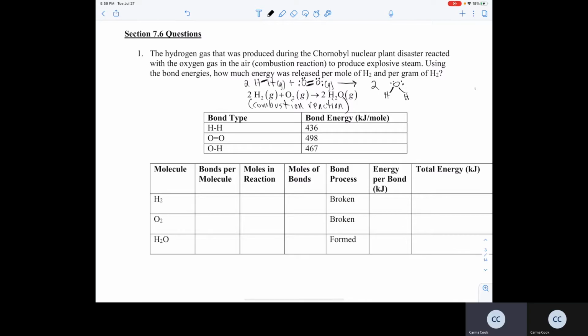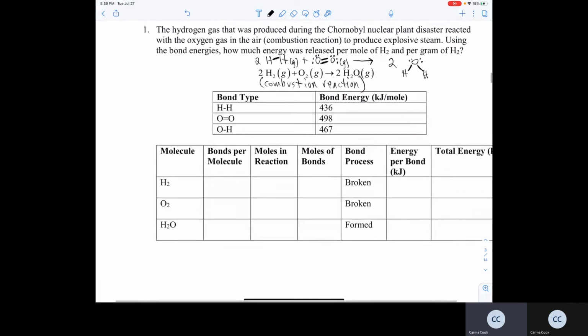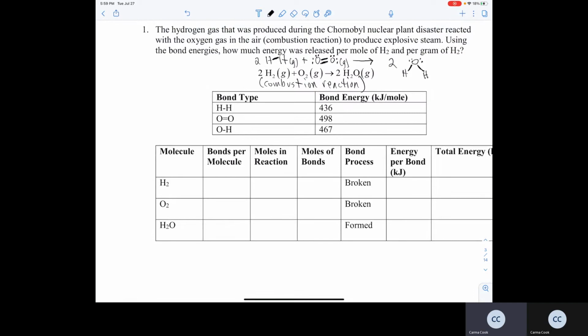And every water molecule has 2 oxygen-hydrogen single bonds. The bond energies for each of these 3 types of bonds are shown in this table. For my hydrogen molecule, there's only 1 hydrogen-hydrogen single bond per H2 molecule.